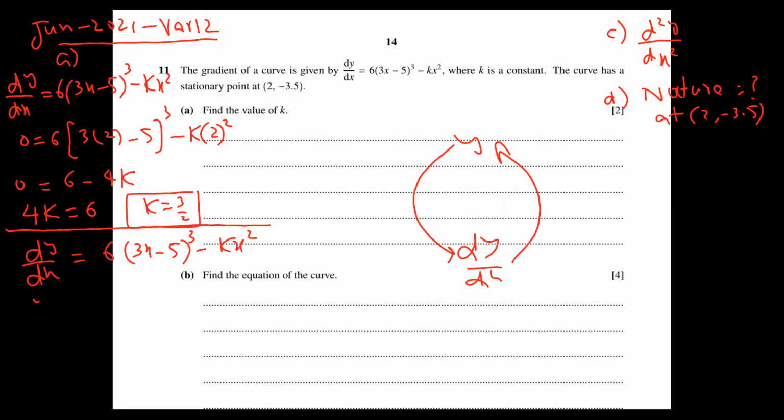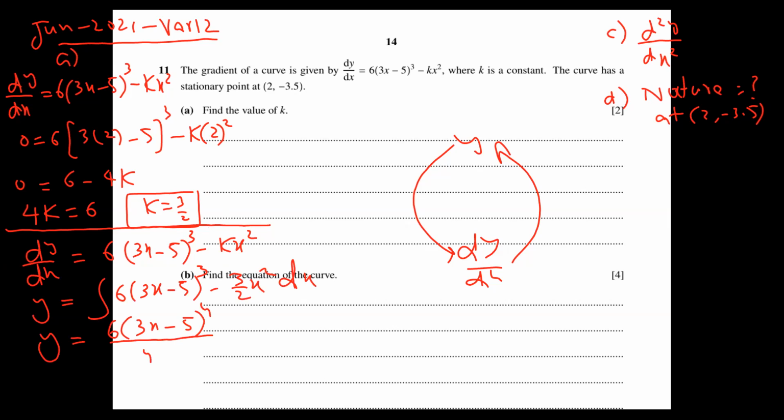So I'm writing y directly, with the integral sign. Minus k, where the k value is 3 by 2, I can replace it, times x squared dx. Just integrate, keeping 3x minus 5 to the power 3 as it is: add 1 to 3 and we get 4, divided by 4.